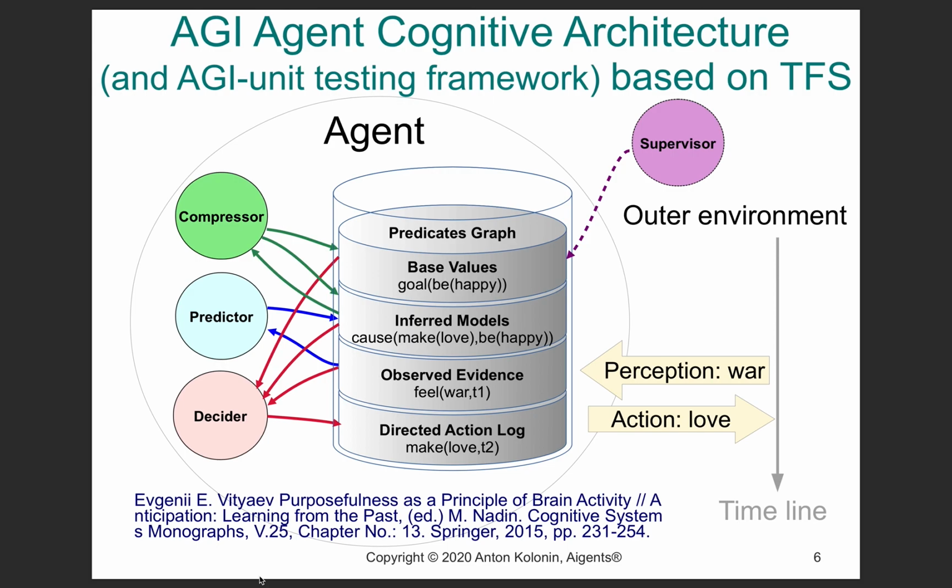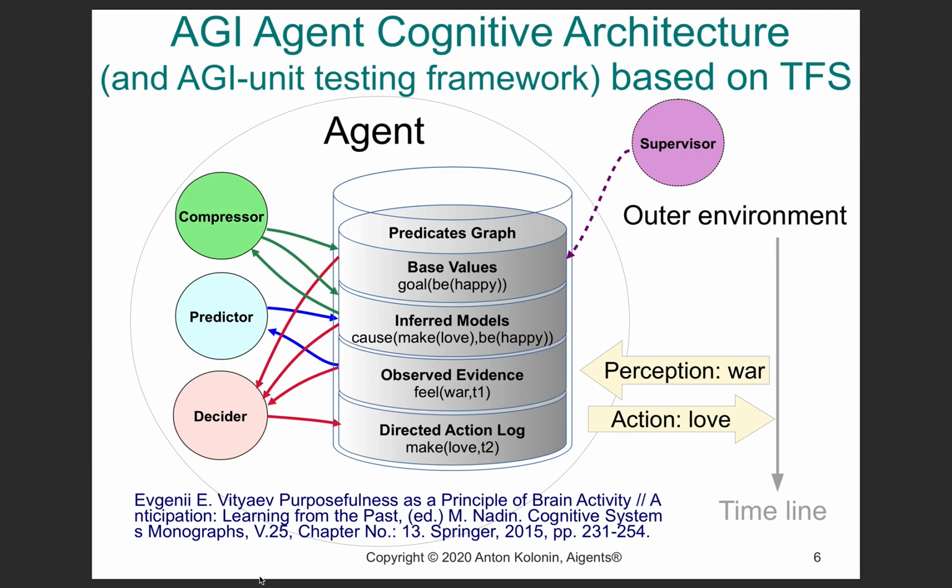For example, in the human brain, there are no separate operating modules like compressor, predictor, and decider here, and there is no special storage for the graphs, semantic data, or distributed representation. In the human brain, the same neurons are used as structures to store the information and as processors to handle this information. That's quite a smart and interesting design.